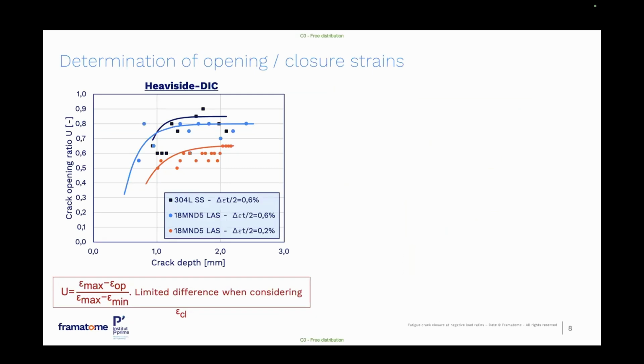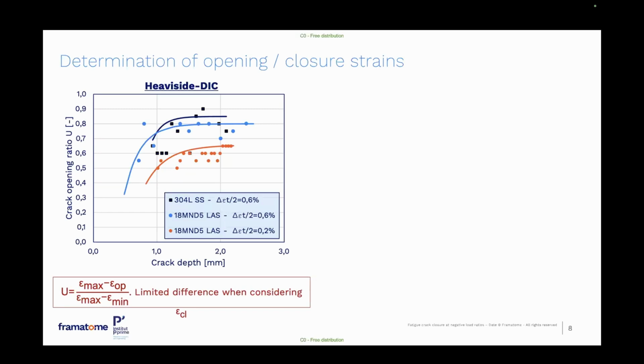So in this graph, we have plotted the U ratio, which is defined as the ratio between the strain range where the crack is fully open divided by the full range, determined by the H-DIC technique for the two materials, and in the case of the low alloy steel for two different values of the strain amplitude.